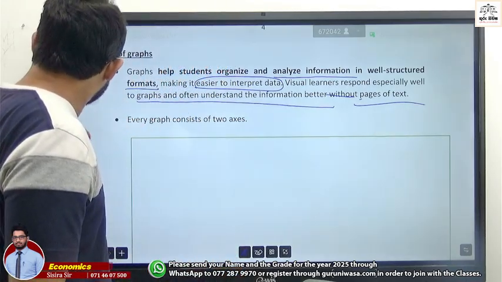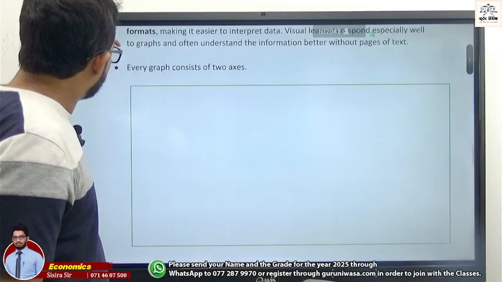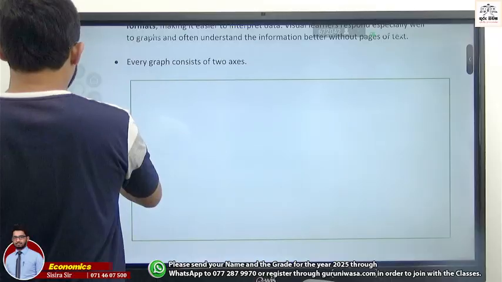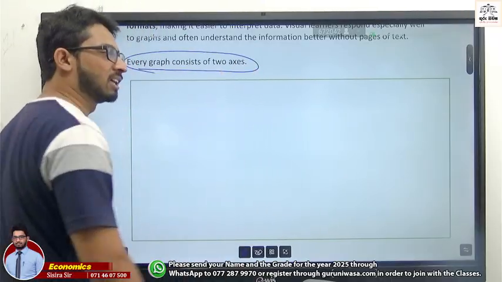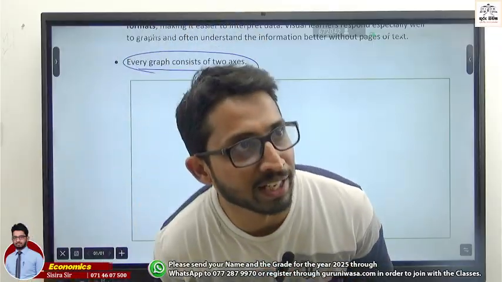O-level mathematics. Can you remember, every graph consists of two axes? Kalana, what are the two axes? X and Y. Yes, very good.